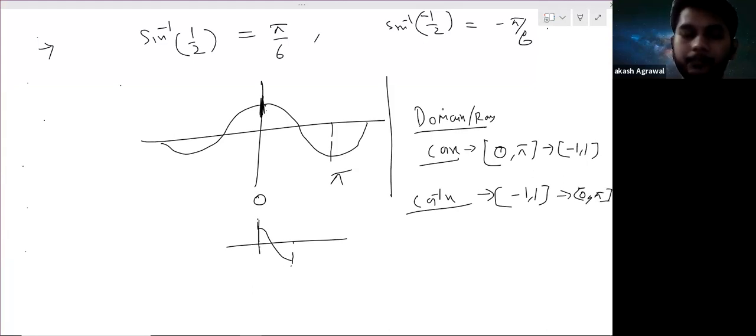Okay. Please write it down. Sir, minus 1 to 1 and 0 to pi are ranges. No, this is domain and this is range.